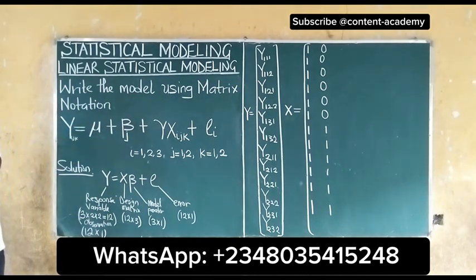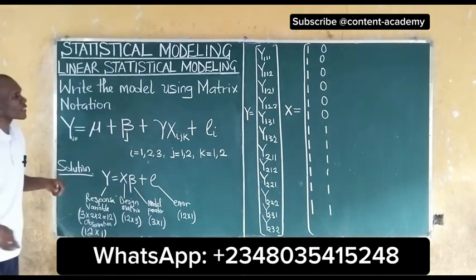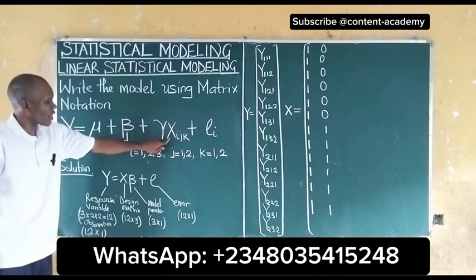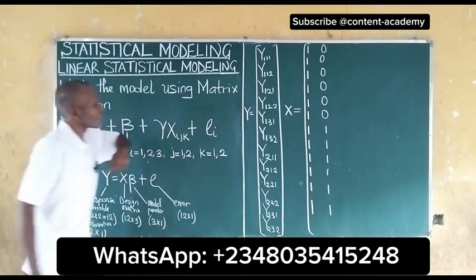Now, the next thing we get is our values for x. Our value for x is ijk.